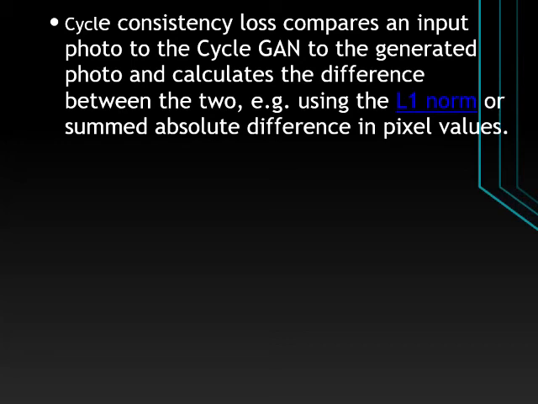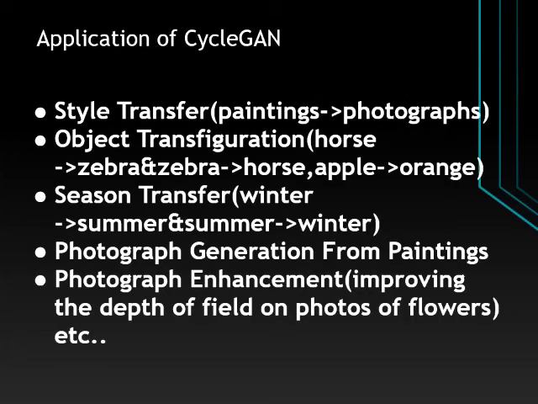So the last topic is applications of CycleGAN. CycleGAN is used in different fields like style transfer or object transfiguration, etc. So let us go through it. CycleGAN is used for style transfer, translating paintings to photographs, and it is used in object transfiguration for translating images of horse to zebra, zebra to horse, and apple to orange, and orange to apple.